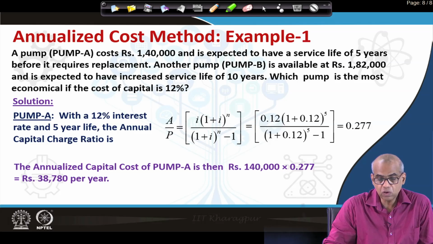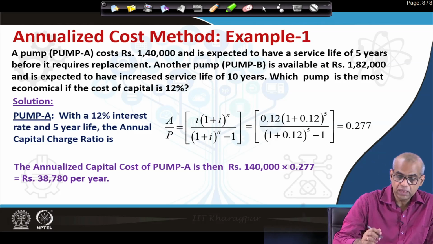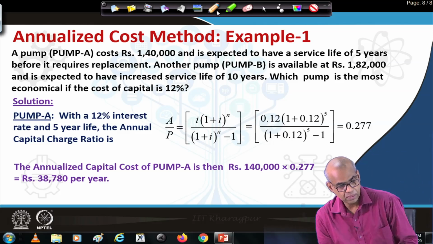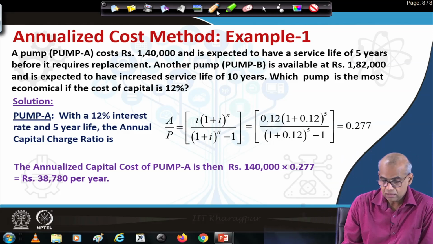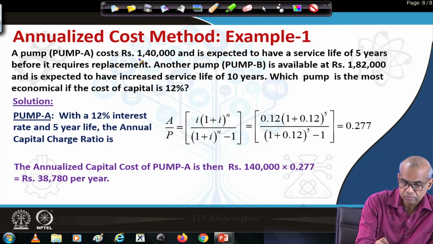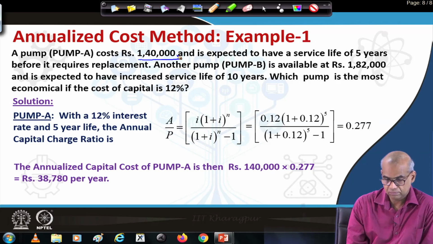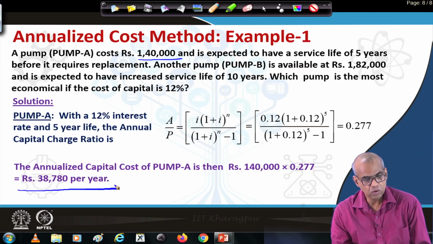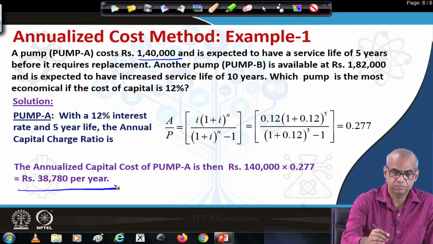So, annualized capital cost for pump A will be A by P multiplied by 1,40,000, the P. So, this happens to be rupees 38,780 per year.